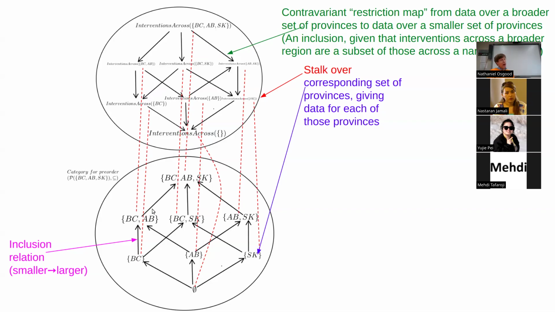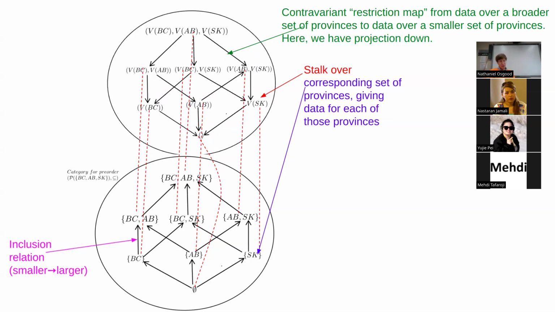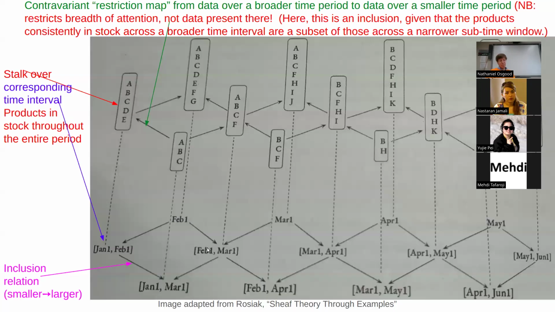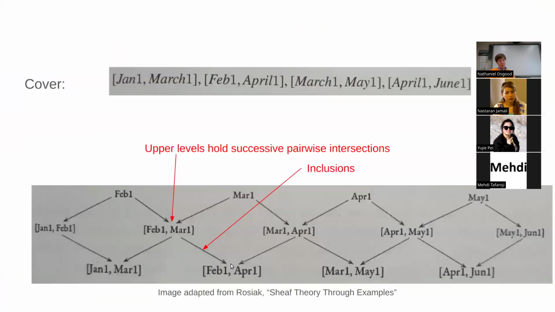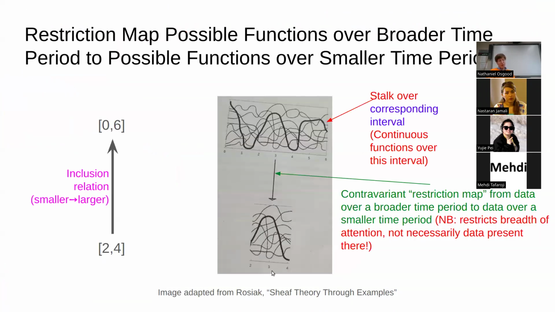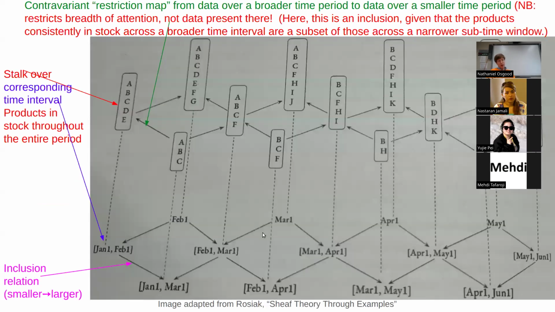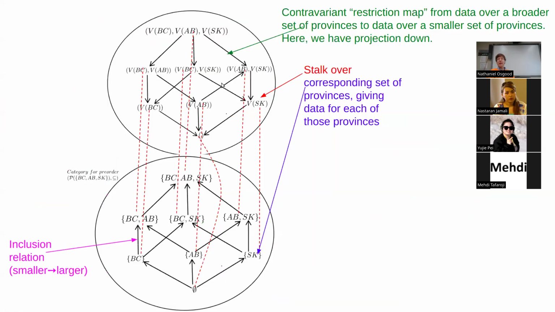But once again, we have these set of kind of places or contexts, right? Here they are provinces. Here they are periods of time. Here they are intervals of time, let's say. And what we're doing is we're reasoning about data over those contexts and about the logical structure of that data.